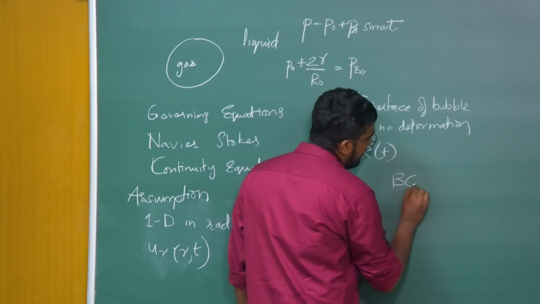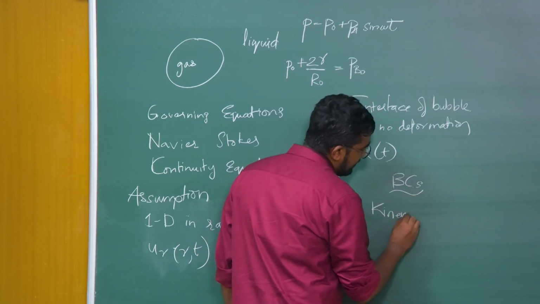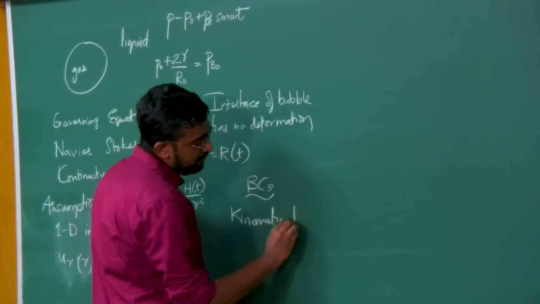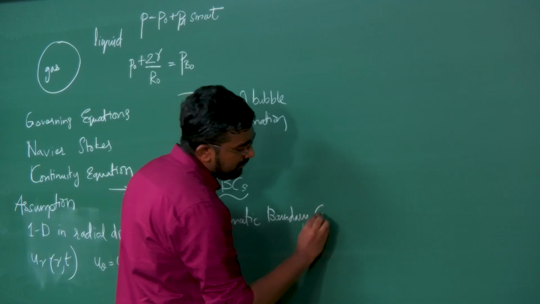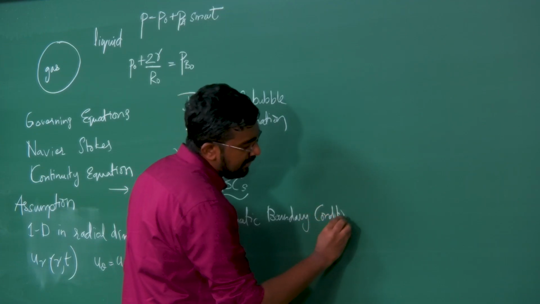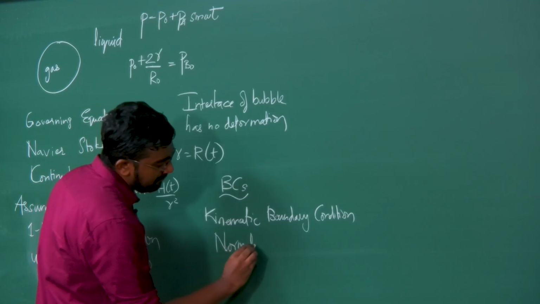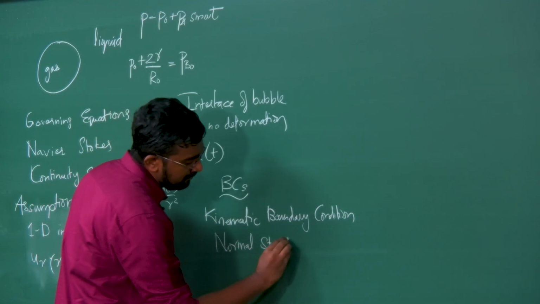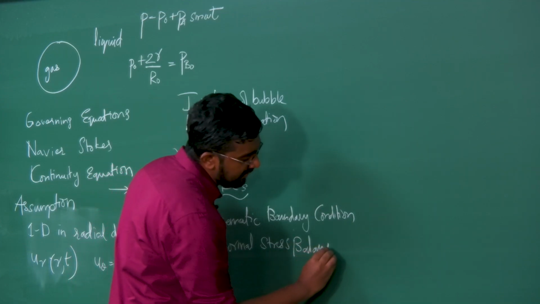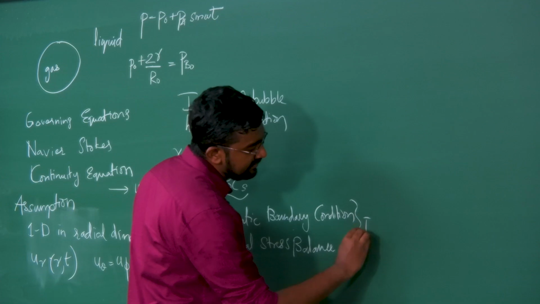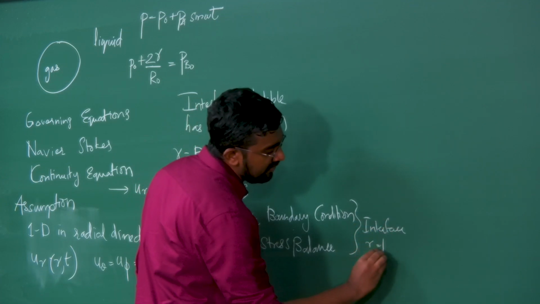Then we used one of the boundary conditions. The boundary conditions for this problem are the kinematic boundary condition and the normal stress balance. Both are applicable at the interface, which is r equal to R of t.